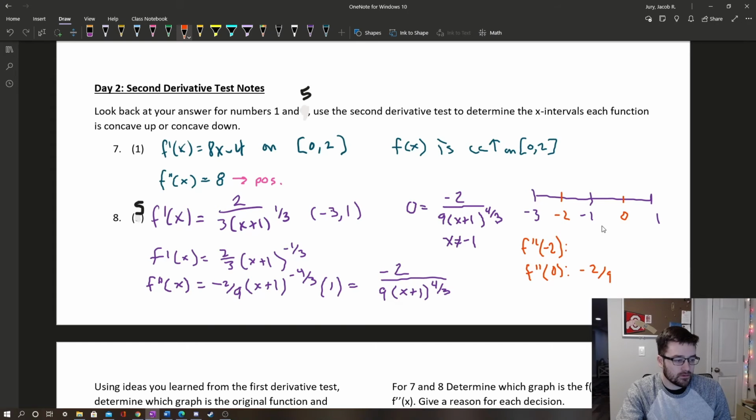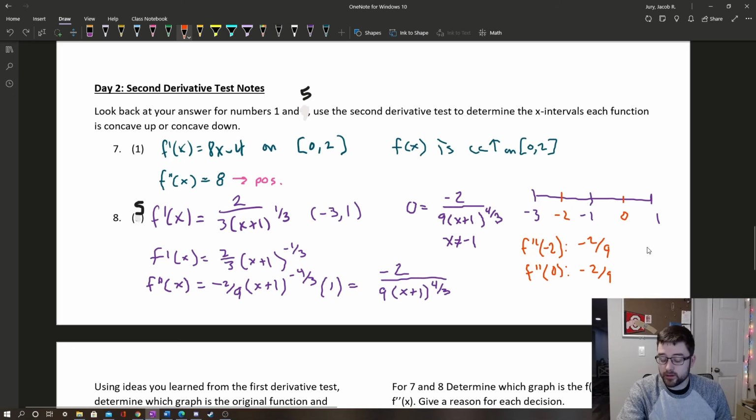And then if I choose -2, I get -1, and -1 to the 4/3, well, I've got -1 to the cube root is going to be -1, and then to the 4th power is going to be +1, so another -2/9. I'm just trying values, so I'm plugging in -2 into x here, into my second derivative, and I'm plugging in 0 into my second derivative to try those out, and that's how I'm getting -2/9.